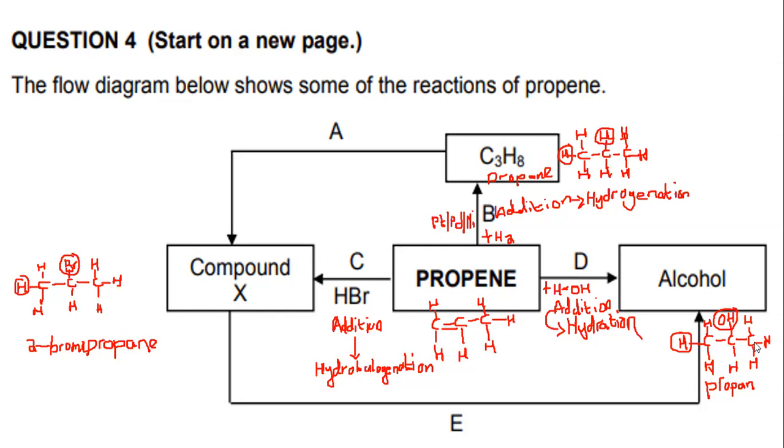If I number from right to left, then it will still be on carbon 2. So it will be propan-2. And because it's an alcohol, the name ends with OL. So the name of this alcohol is then called propan-2-ol.